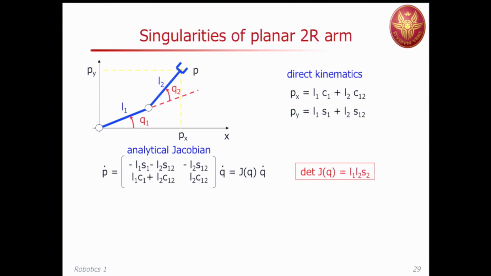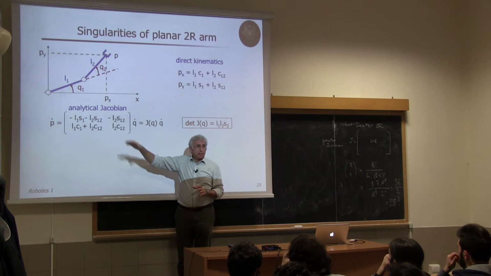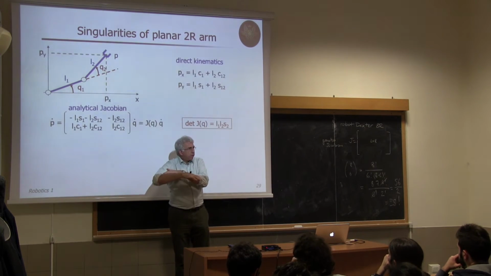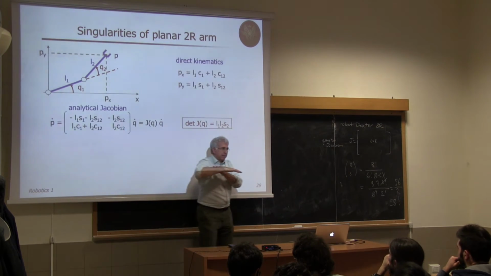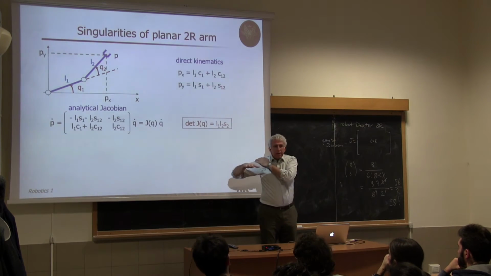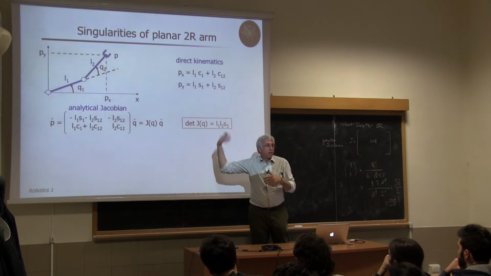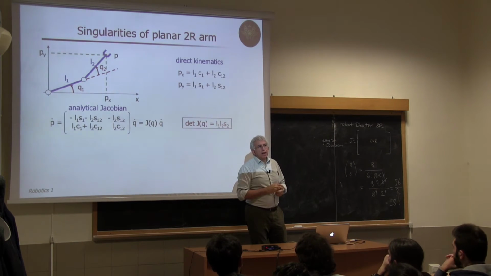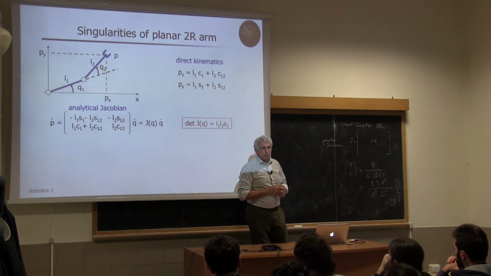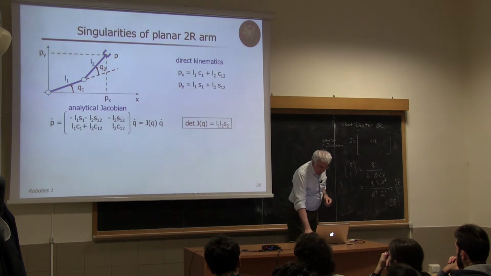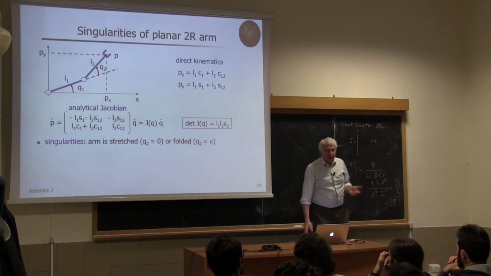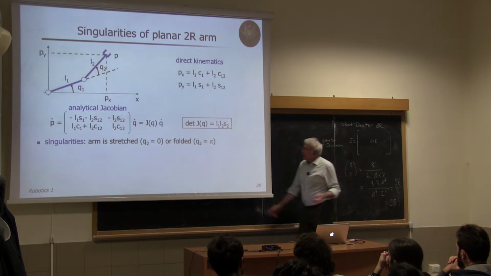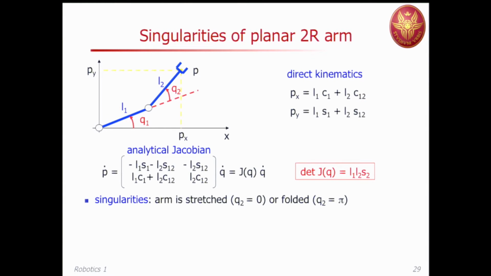not of Q1, which means that what matters for singularities in this case is just the internal configuration of this compass. It's not important if I'm here, here, or there. In fact, there's a symmetry with respect to the Q1 variable. So the singularities are when sine of Q2 is 0.